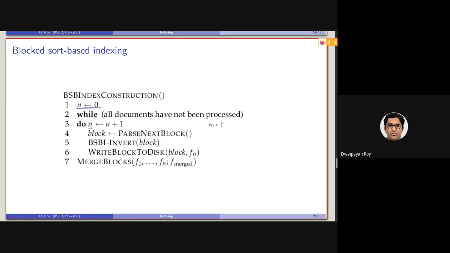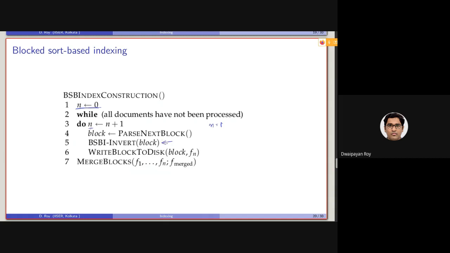Now we will be reading a block of data from the hard disk into the primary memory, the RAM, and performing tokenization, linguistic processing and all, making the list and the sorted list in this BSBI invert function.